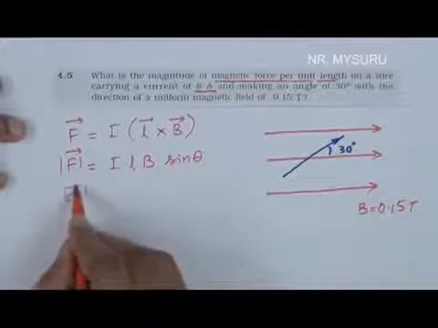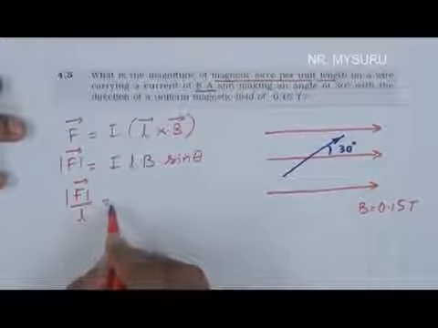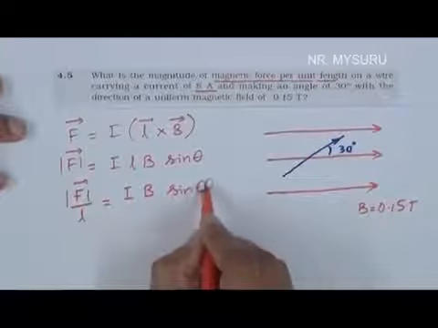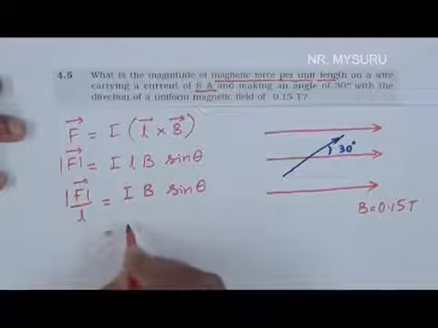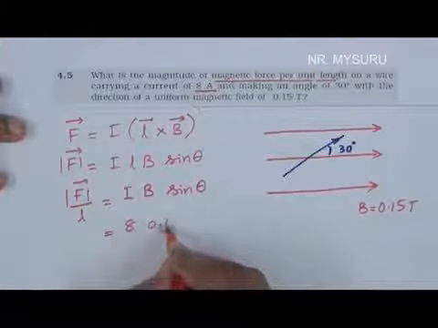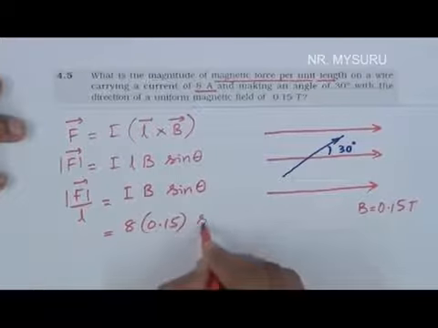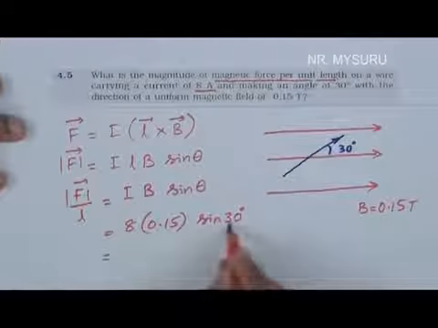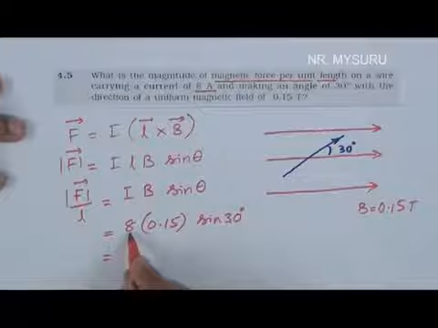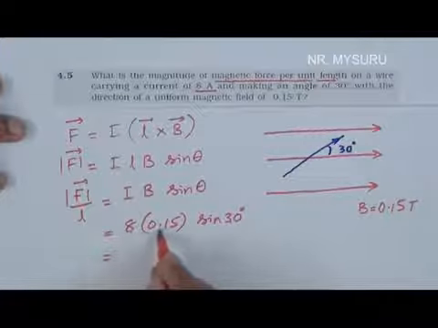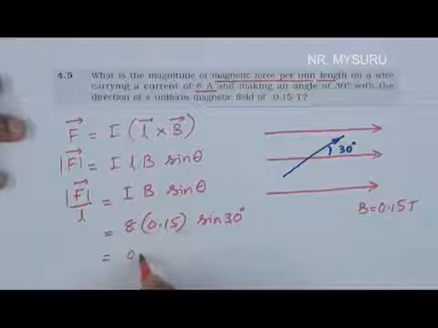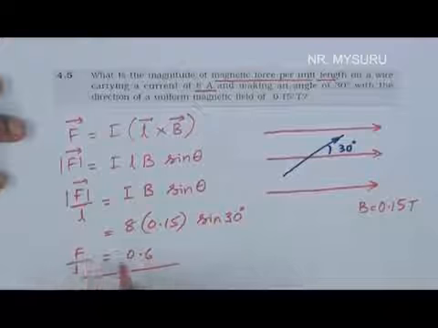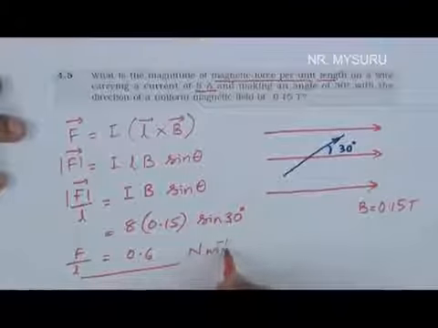And magnitude of force per unit length is given by I B sin theta equal to current is 8 ampere, magnetic field is 0.15 Tesla into sin 30. Sin 30 is half, 8 is 4, 4 times 0.15 is 0.6. Since it is force per unit length, it is Newton per meter.